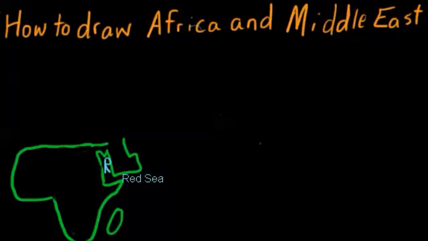And while we're at it, let's add the Mediterranean Sea. So where is the Mediterranean Sea on our map? It's not right there, right? It's over on the north coast of Africa, just like that. There's our Mediterranean Sea.